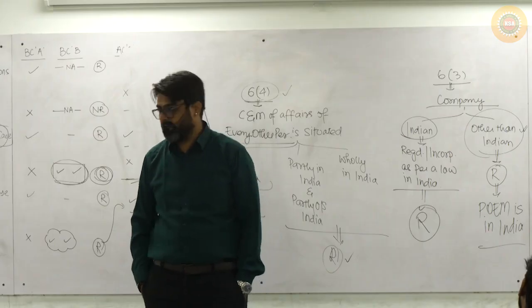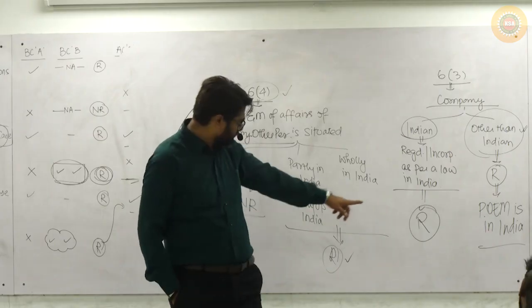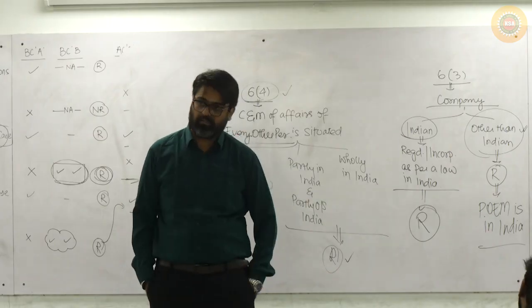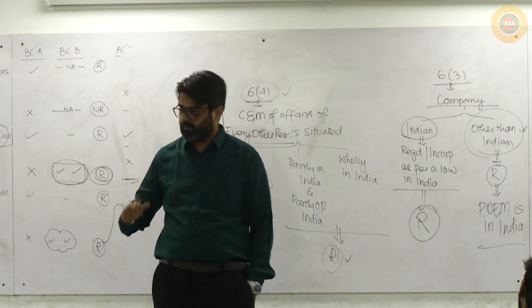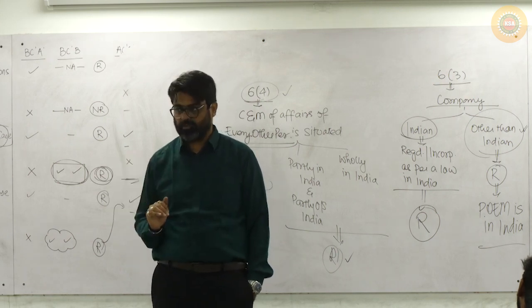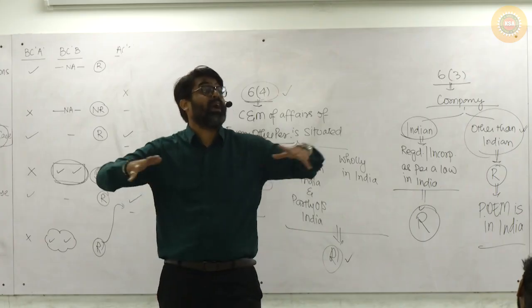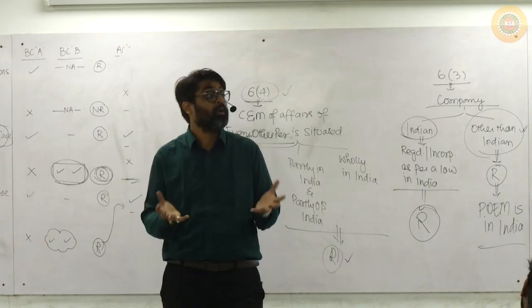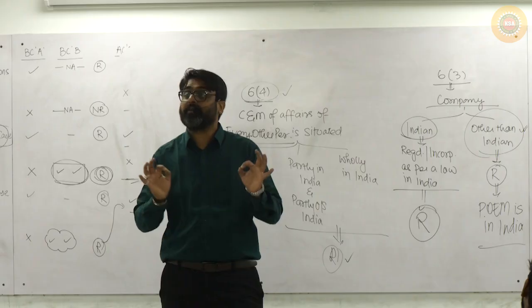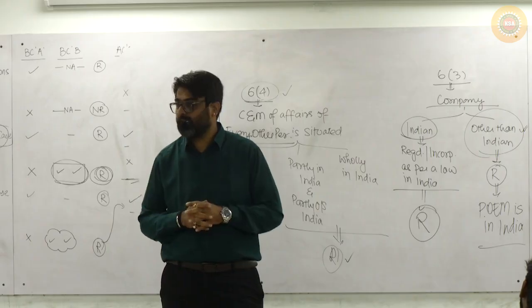When you reach finals, we'll discuss this topic POEM in detail. At least 1.5 to 2 hours of discussion happens to determine the various factors on the basis of which POEM is determined.